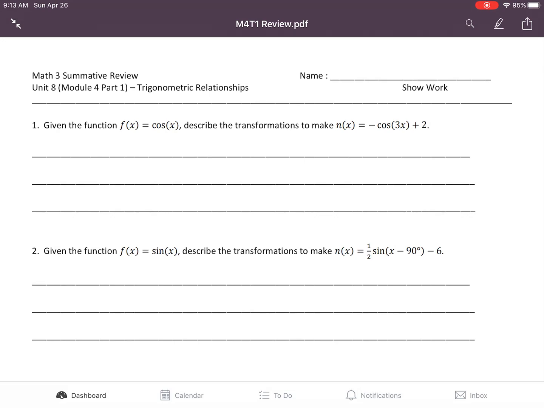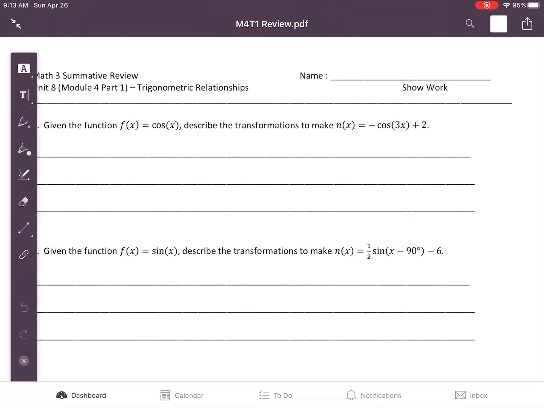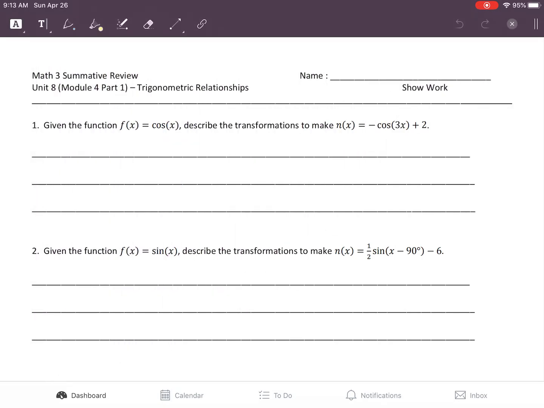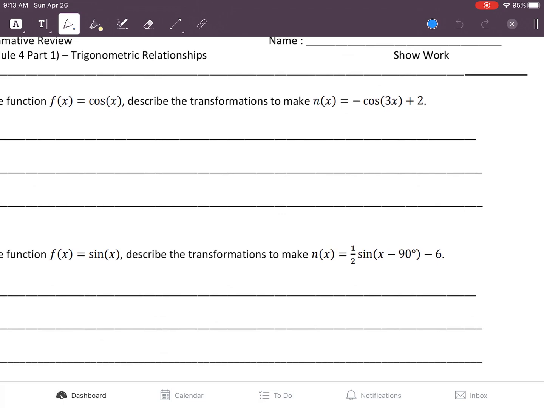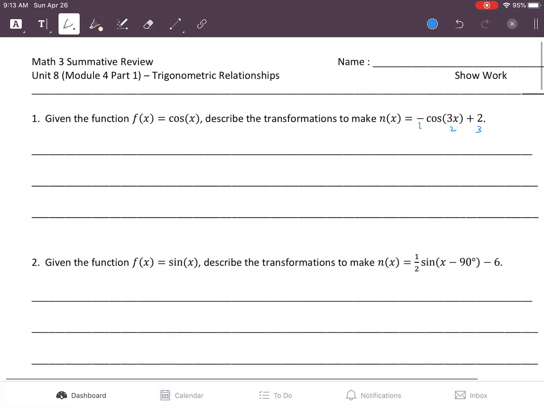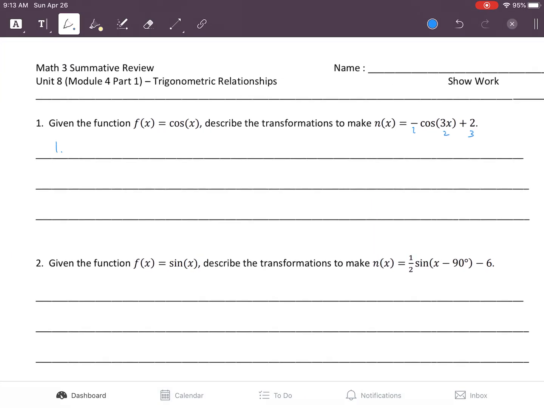Okay, so we have three transformations: 1, 2, and 3. The first one is a reflection over the x-axis.